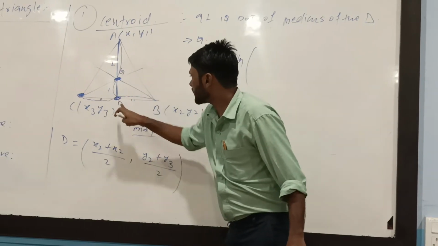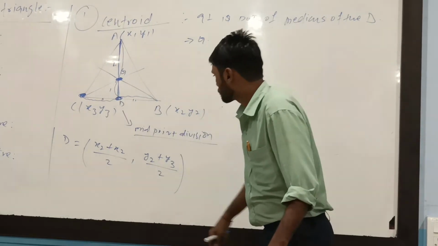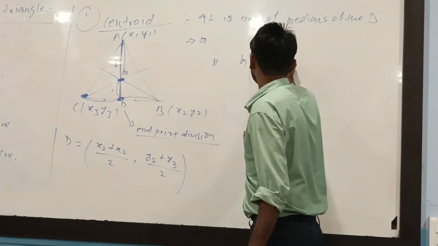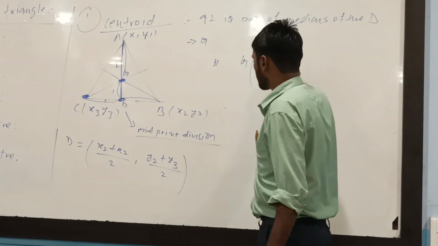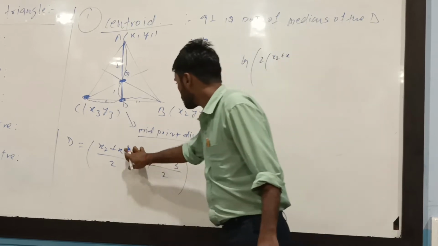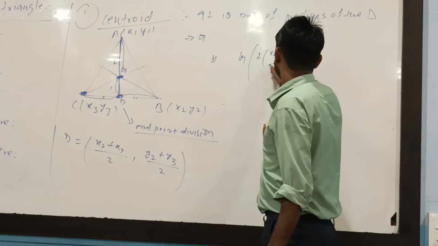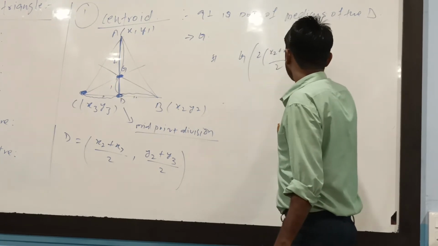Remember, this is 2 into the x coordinate of D. So where is the x coordinate of D? This is x2 plus x3 upon 2.